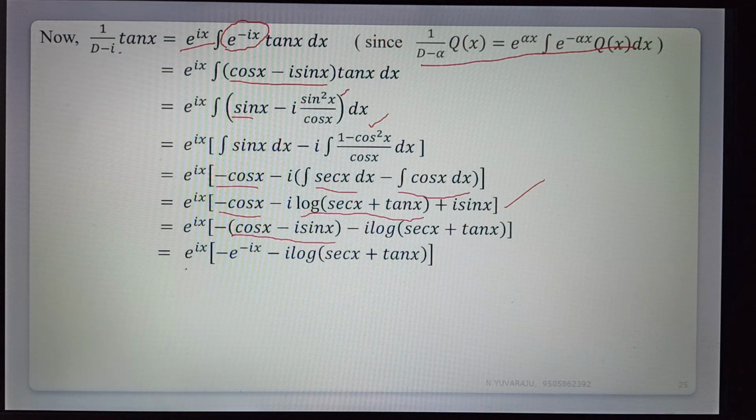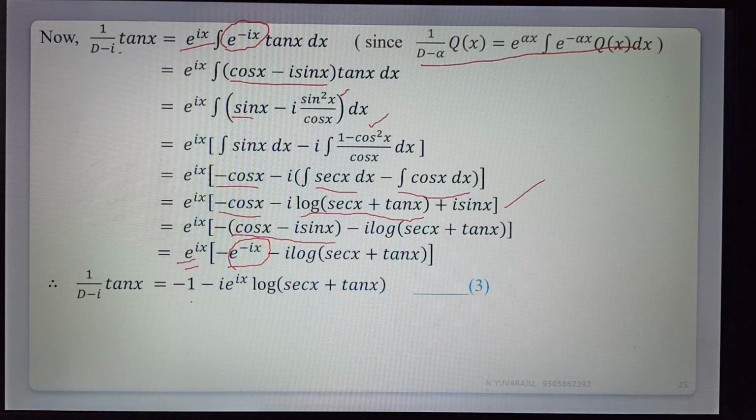So e power ix into cos x minus i sin x can be written as e power minus ix again, minus the same i into log secant x plus tan x. Now multiplying with e power ix to both terms, that is equal to e power ix into e power minus ix, which is minus 1, minus i into e power ix into log of secant x plus tan x. This is the first term.